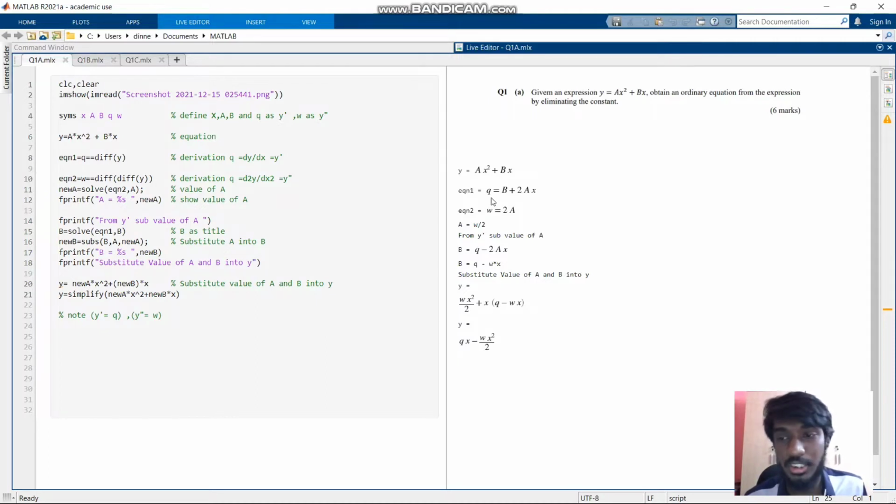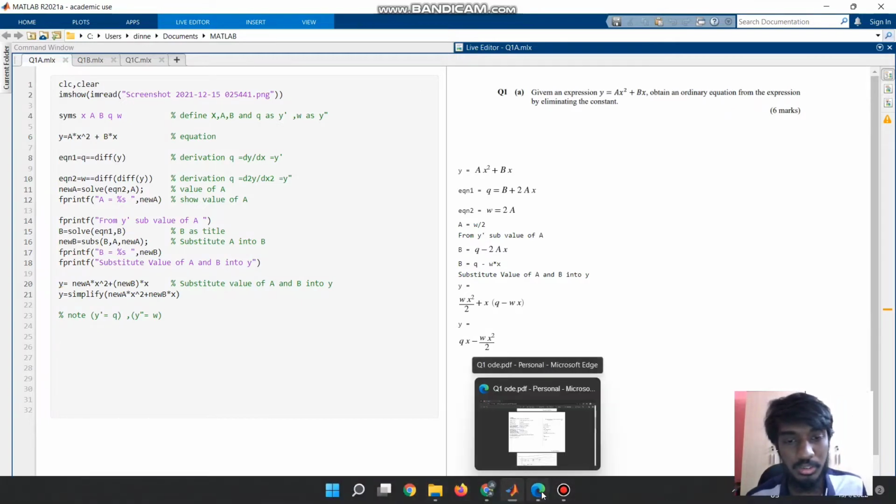So I put q as y prime and w as y double prime. This is the final result from eliminating constants: y equals y prime x minus y double prime x squared over 2.